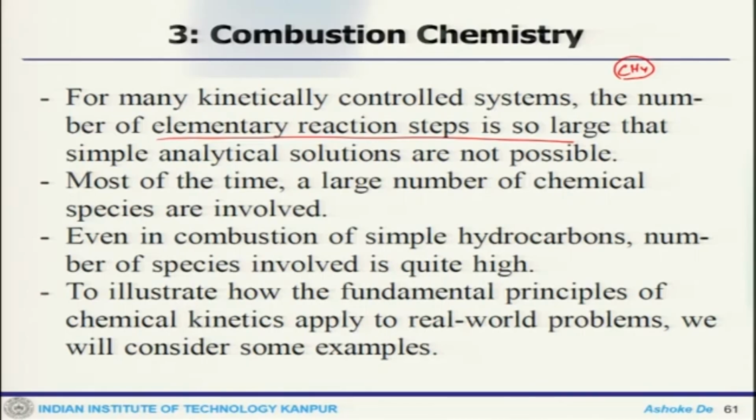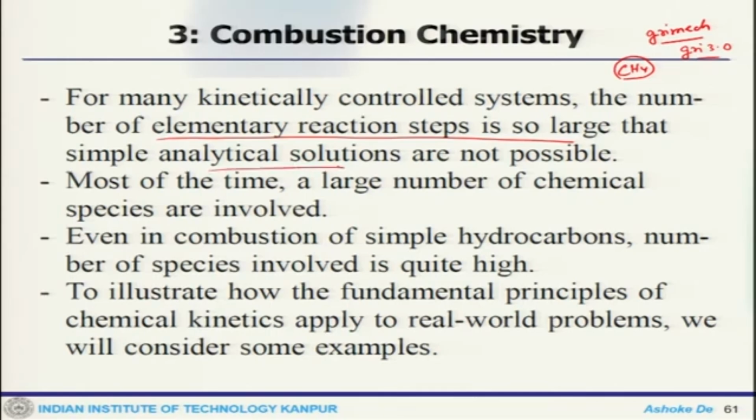If you are interested, you can go to a website called GRI-Mech, which is from the Berkeley group, University of California, Berkeley. You can see there are different GRI mechanism versions. The latest one is GRI 3, which is for methane combustion, and you can see there are multiple reaction steps. So, it becomes a quite large number of steps where an analytical solution for the chemical time scale is not possible.